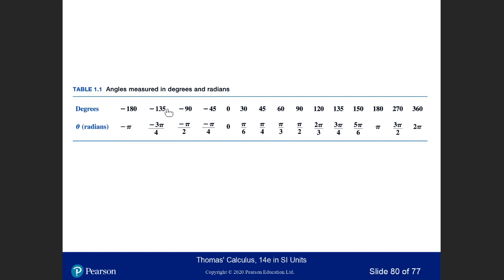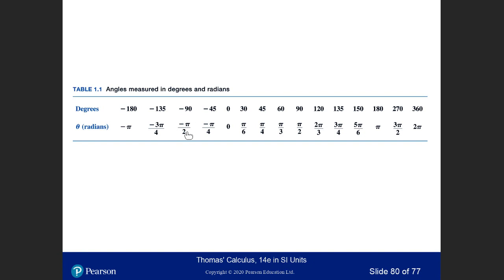Minus 135 is minus 3 pi over 4, because 90 degrees is pi over 2, 45 degrees is pi over 4. So 135 is 90 plus 45, that's 3 pi over 4, minus.